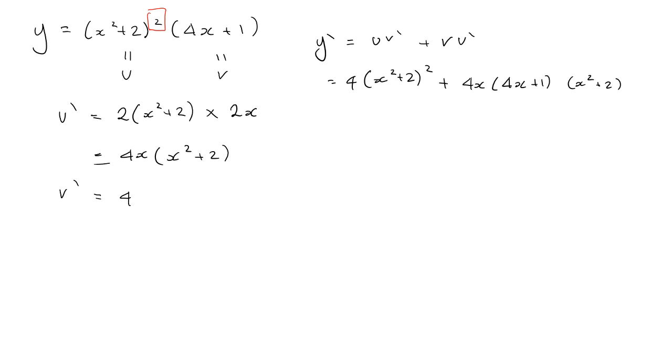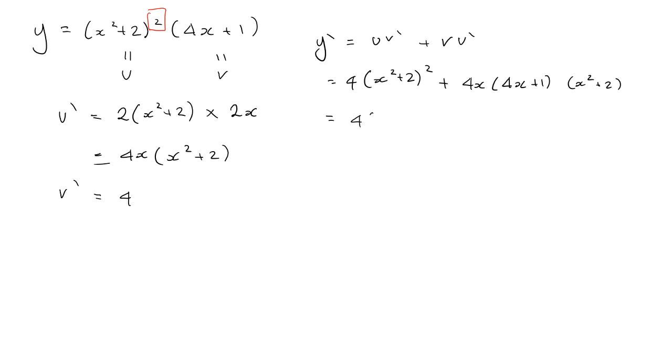So, same step, we factorize first. We see a common factor of 4. So we group it by 4. Oh, a common factor is actually 4 times (x squared plus 2).